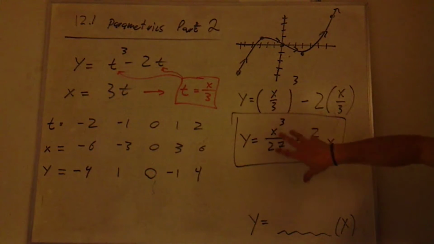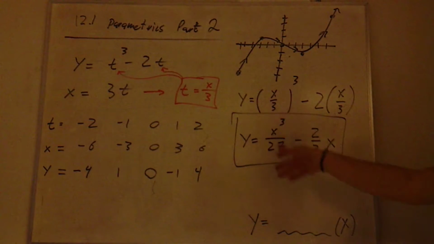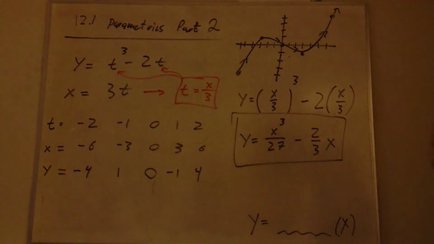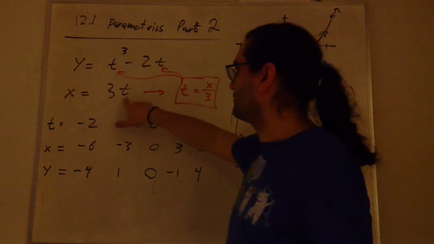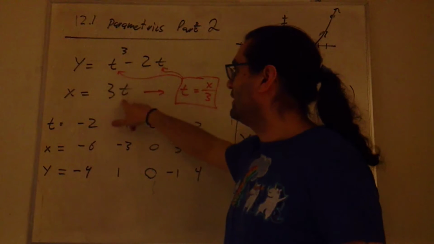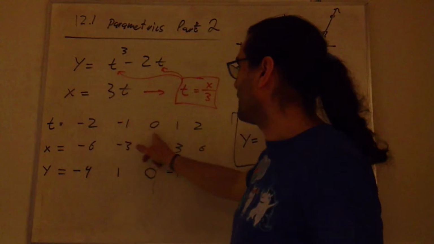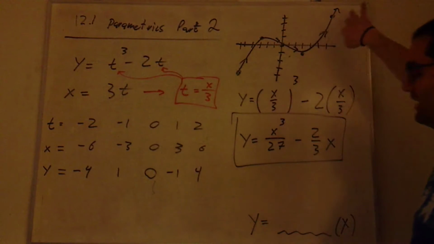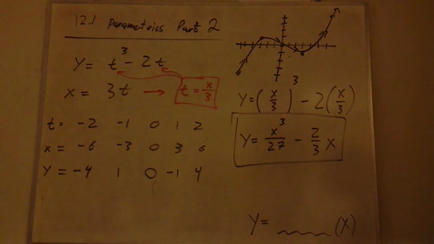Regular explicit functions, where y equals some function of x, don't have an orientation. They just have ordered pairs. This has an orientation because it's coming from a parameter t, and as the parameter increases, you move through these points in a direction. So that's the implicit example.